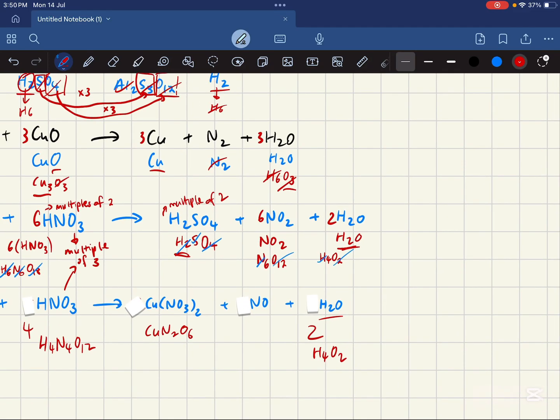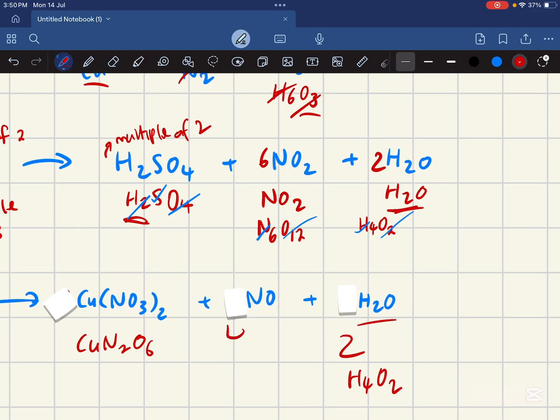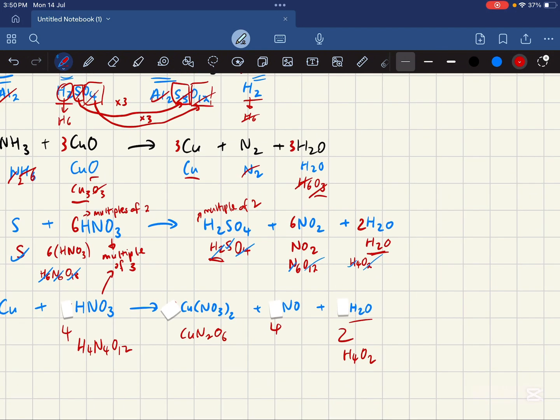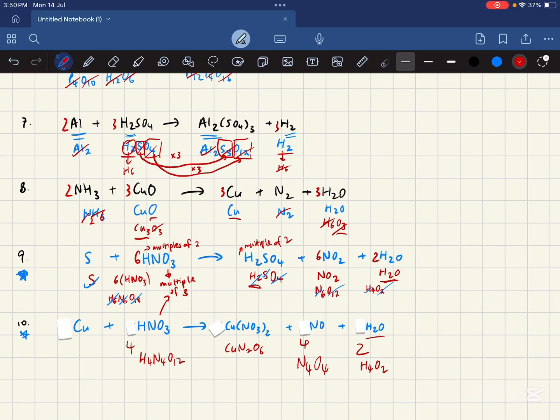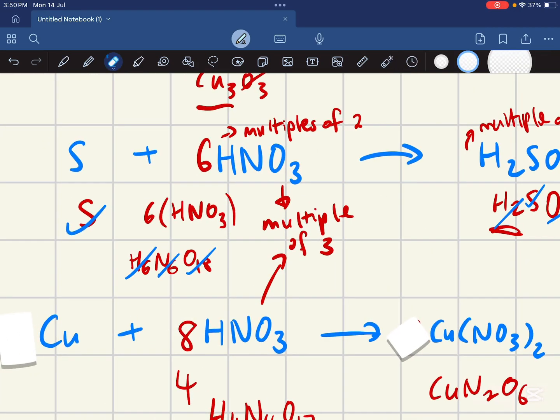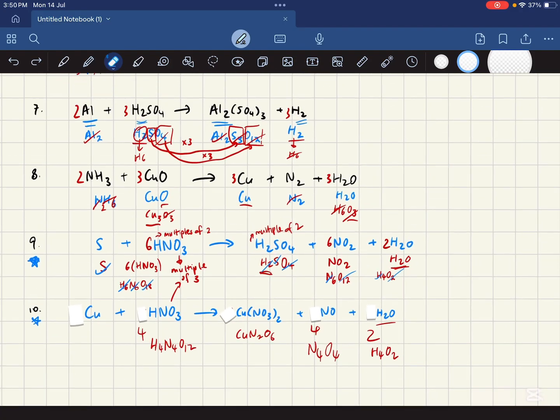So we need 4. So N4, O4. Is that the answer? I'm not too certain. I don't think that's the answer. Yeah, no. Which is interesting.